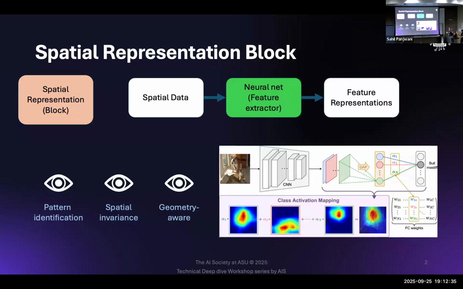Now, if I talk about the three key strengths of this block, the first is pattern identification, like I told you. These are repeated patterns like edges or textures or boundaries of an object. When I say spatial invariance, I'm talking about shifts or rotations and scaling.